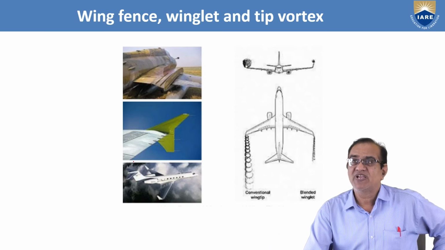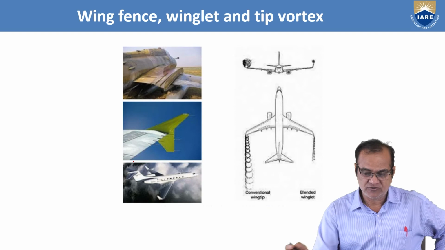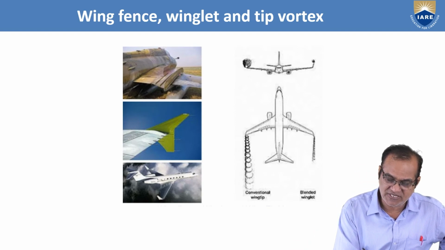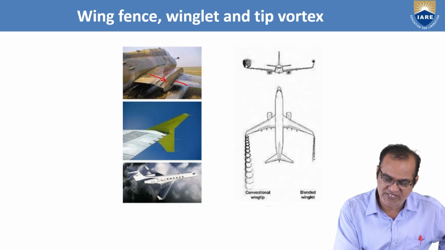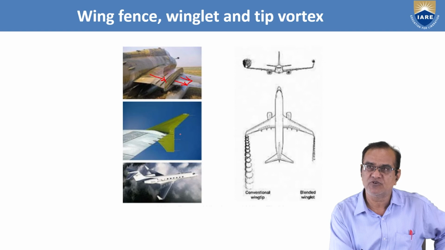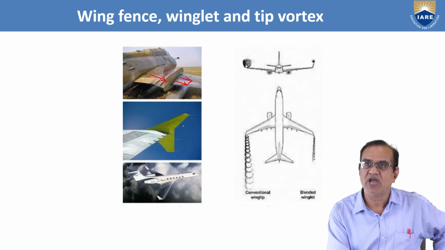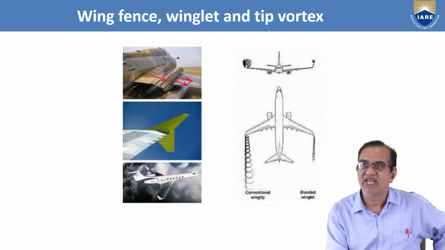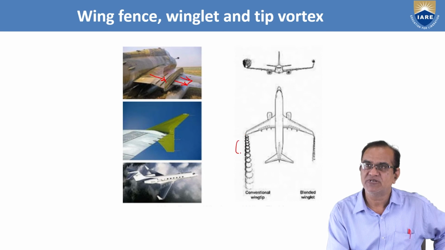Now wing fence, winglet and the tip vortex. The wing fence means the flow from this side will stop, so the spanwise flow is restricted. Winglets are also here. They are used to reduce the drag. If you have this winglet here and here you don't have, this much wingtip vortices will be generated.